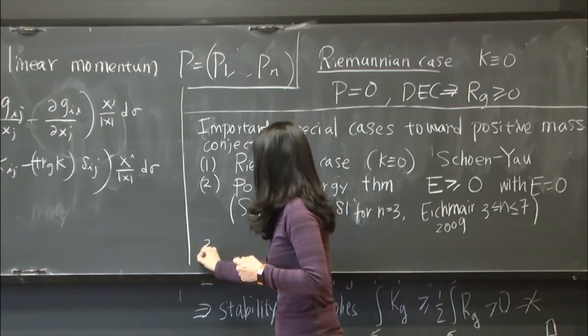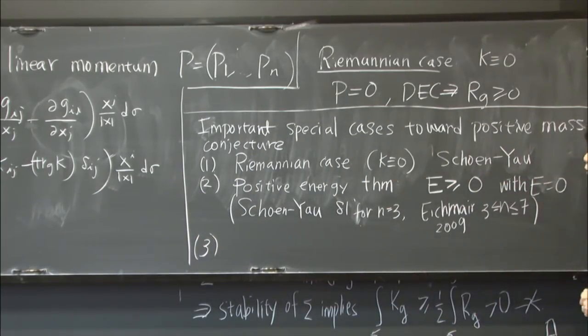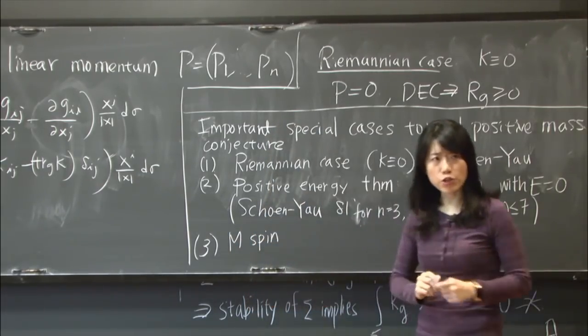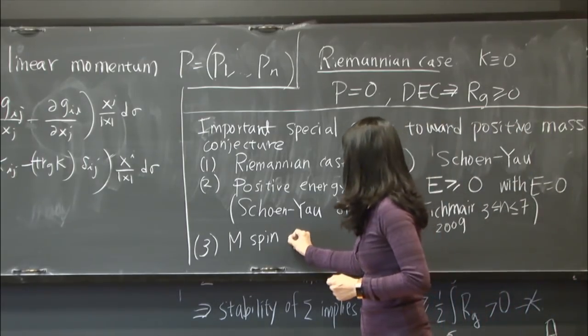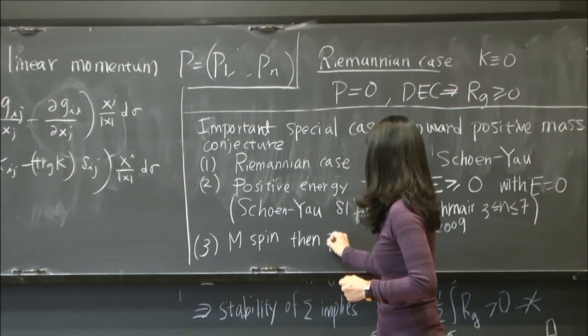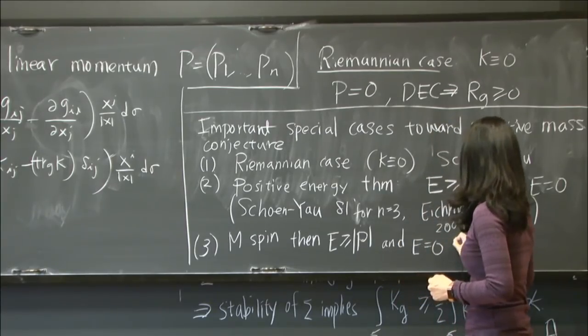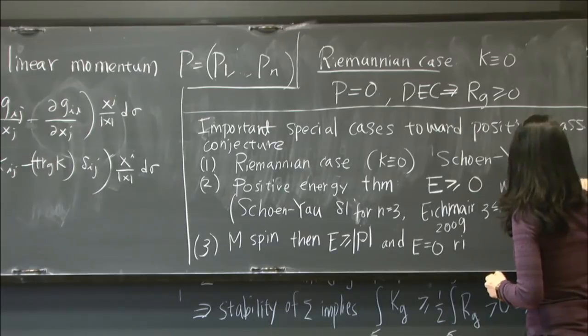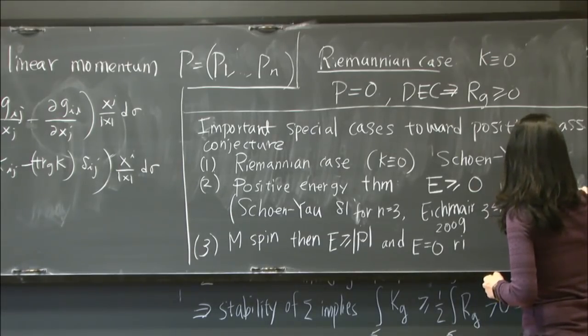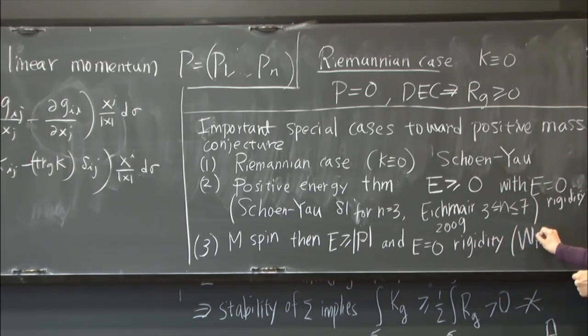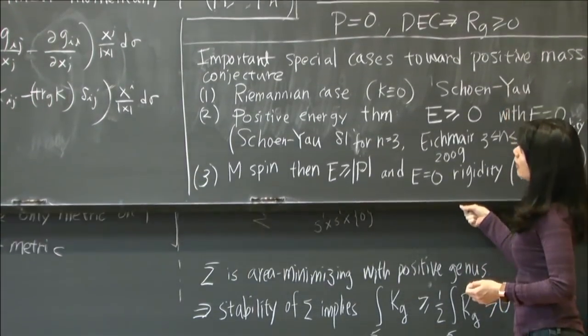And there's also a completely different approach by Witten, if M is a spin manifold, which is a differential topological condition on the manifold. So this is by Witten in '81.